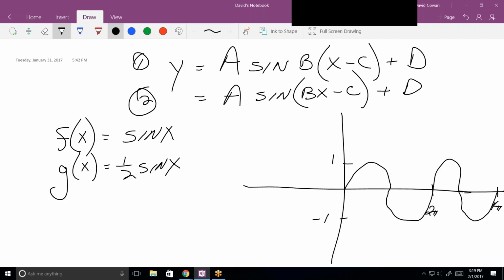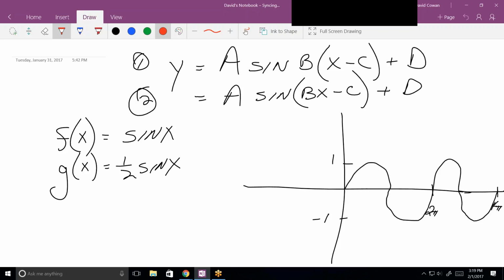Now, what's the consequence of the 1/2 for g of x, which I'll graph in red? Its amplitude is different. That's basically a vertical stretch or shrink. What is it in this case? It's a shrink. Okay. So I'm going to graph it. How?